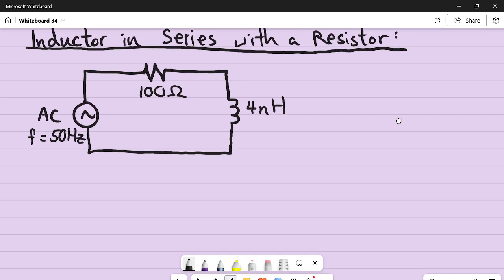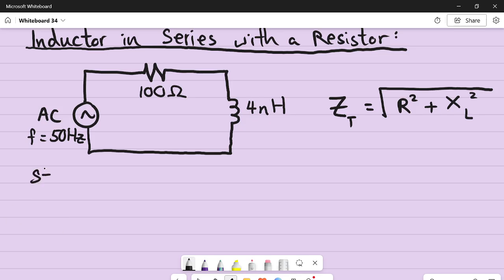So this time the total impedance is equal to the square root of R squared plus XL squared. So again, go to your formula sheets and take that. Step 1 is to find the reactance.